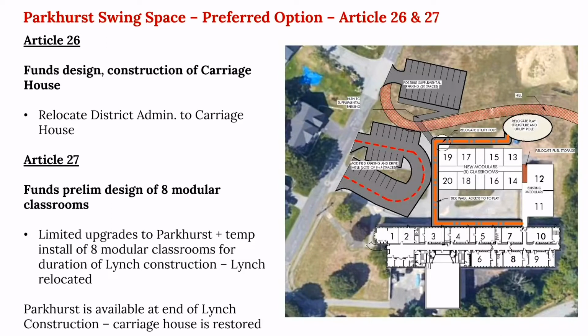And then the procurement, fabrication, lease and removal of 8 modular classrooms would accommodate most of the Lynch population on site. But this is a fairly limited modular addition because district administration would have been relocated to the Carriage House at that point.